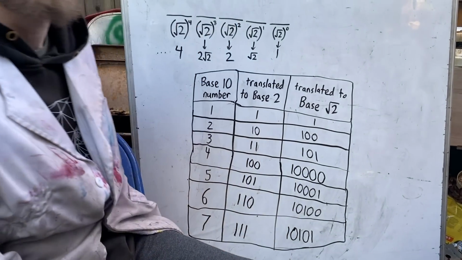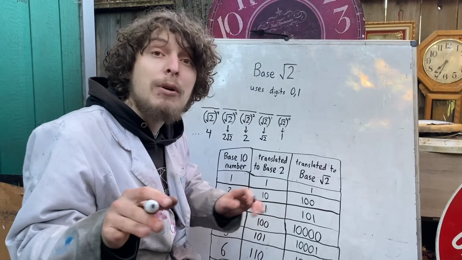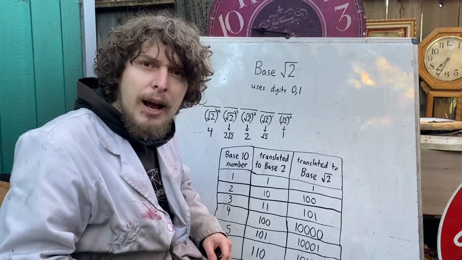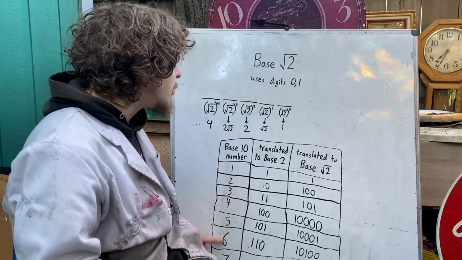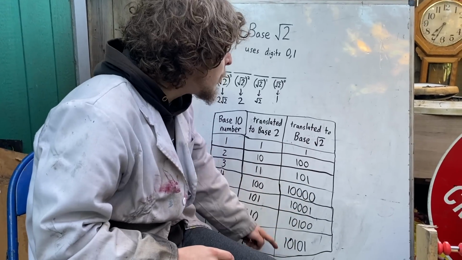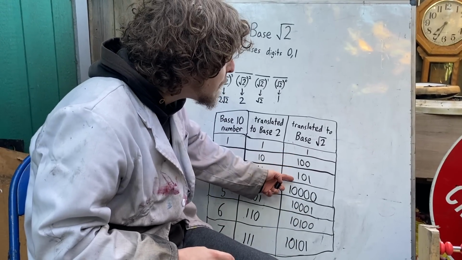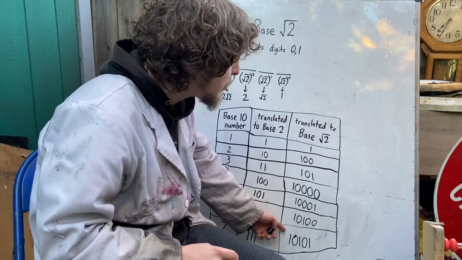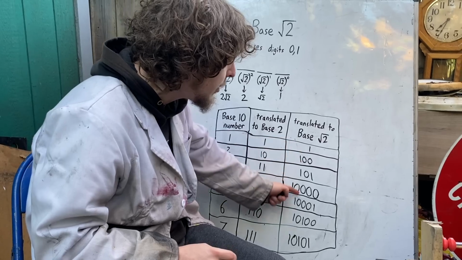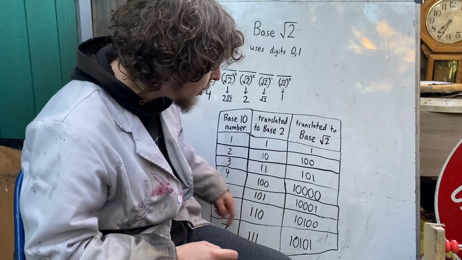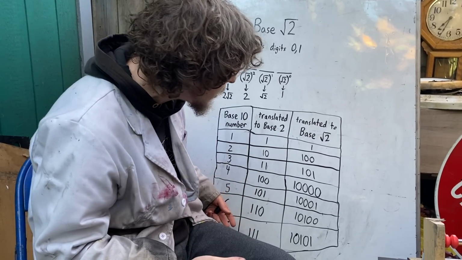Similar to something we saw with base -2 in an earlier episode, when we're writing integers in base square root of 2, we don't notice any of them with an even number of digits in its representation. These all have 1, 3, or 5 digits, and eventually we would start hitting 7 and 9 digits.